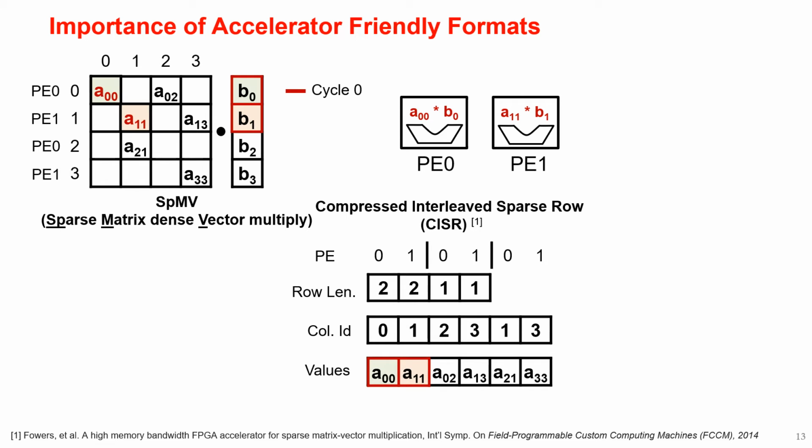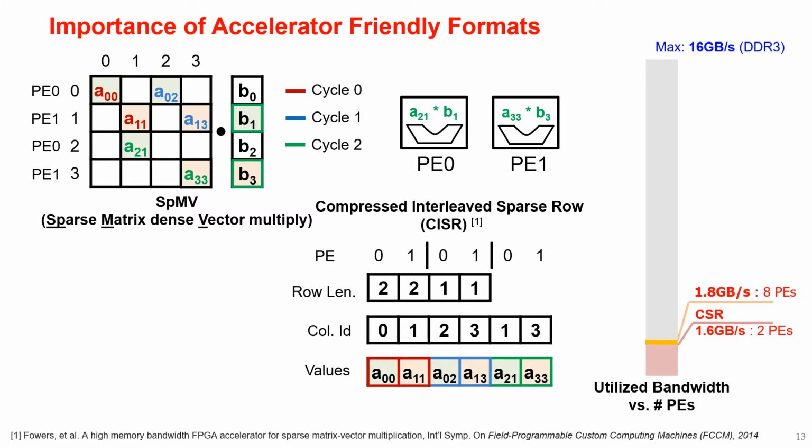Now, if we look at the execution of SpMV on this example, you'll see that in the first cycle, second cycle, and the third cycle, the memory accesses are always contiguous and vectorized in the values array.